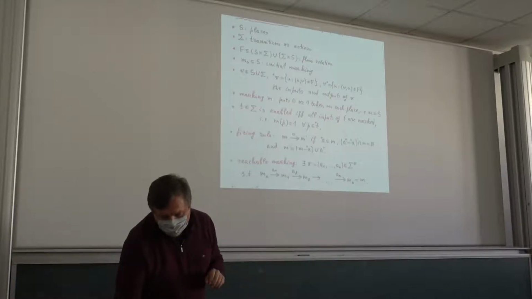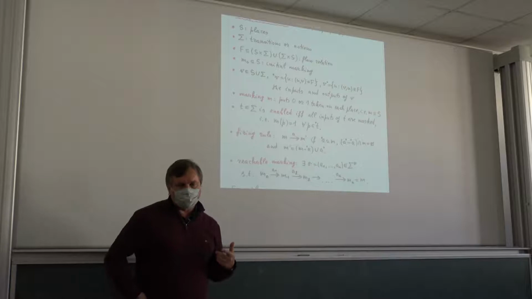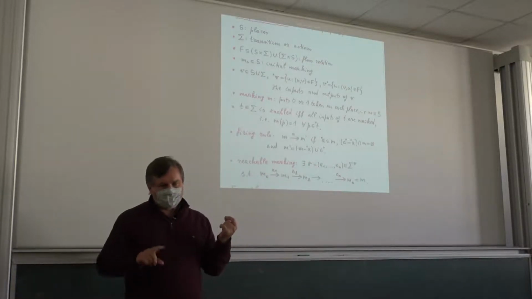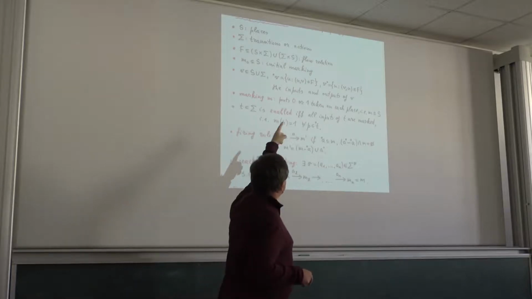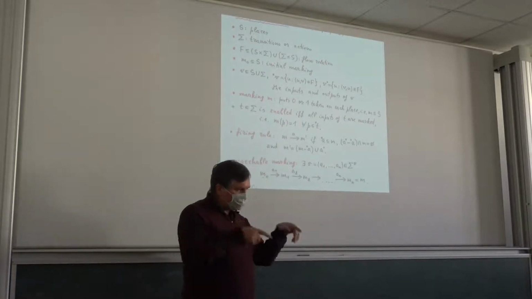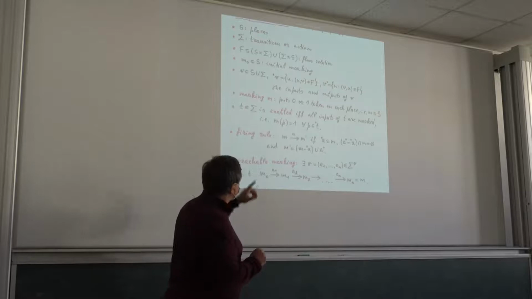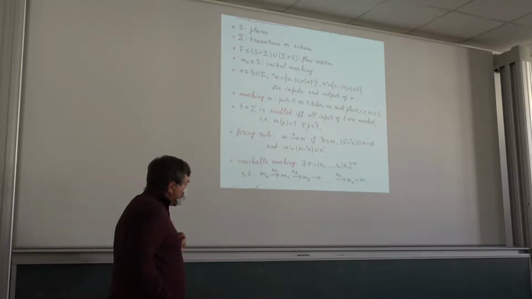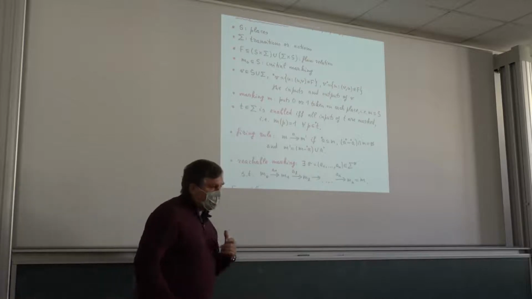And then for some vertex of this bipartite graph, you denote by V in this way the ingoing and the outgoing arcs. This is the notation I will use later. And then the marking.